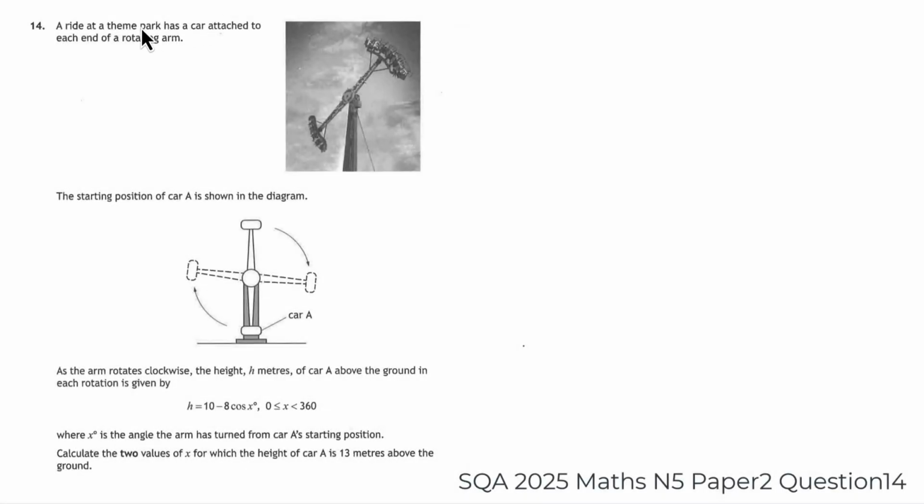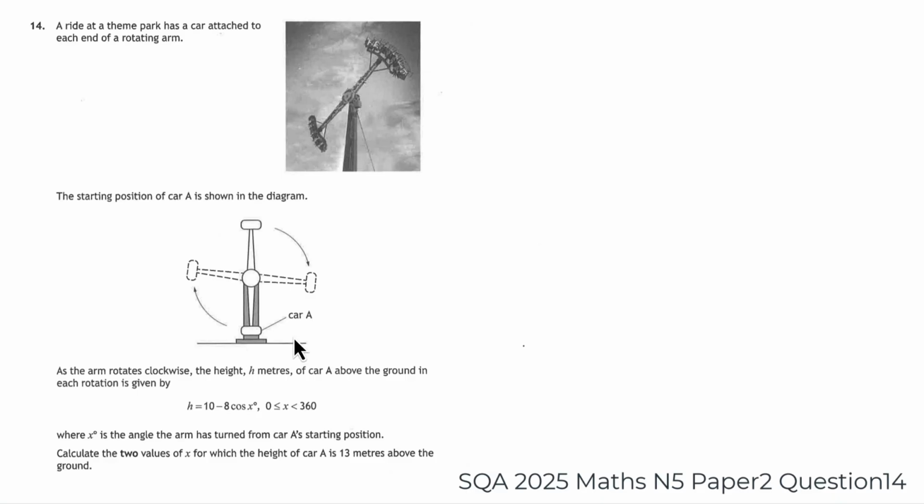So here we have question 14. We have a picture of a ride at a theme park. Here's a diagram showing the car that you'd climb into, and you rotate as is shown in the diagram.